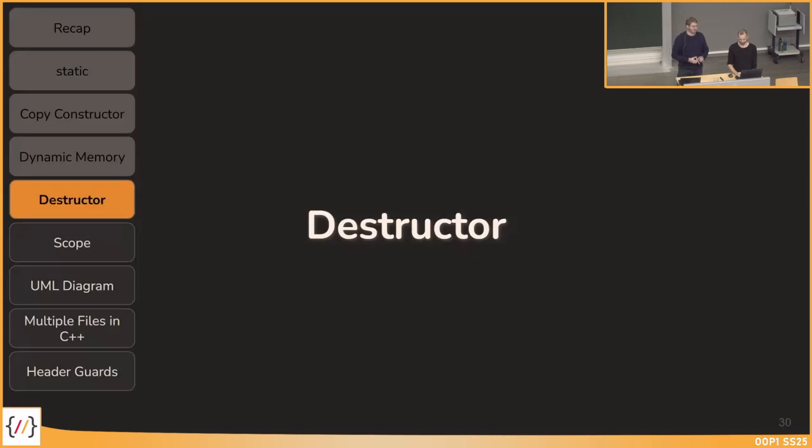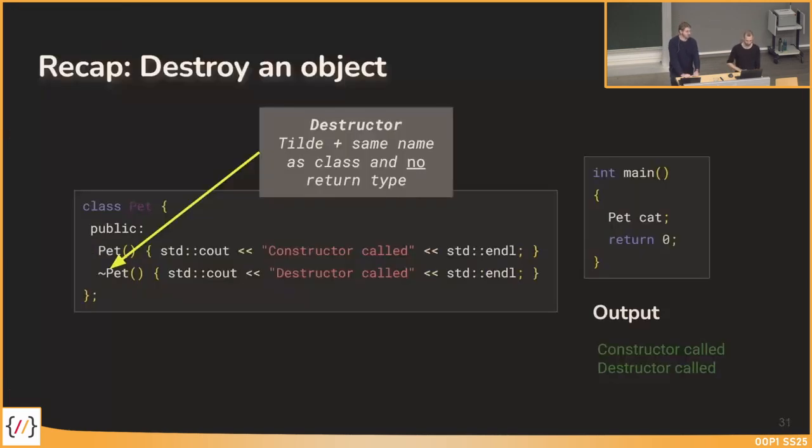Okay, so destructors. We briefly discussed destructors before, and now we have a use case for destructors and when we use them. Again, we had these destructors with this tilde in the beginning, and then it's just the same class name, and we have a body here, which we can do whatever we want.